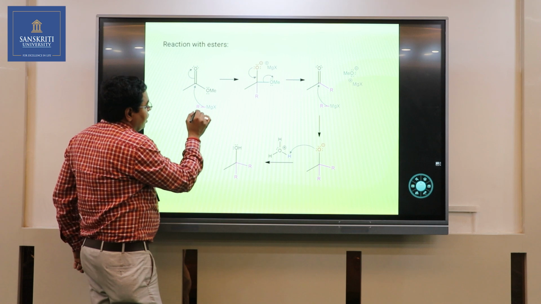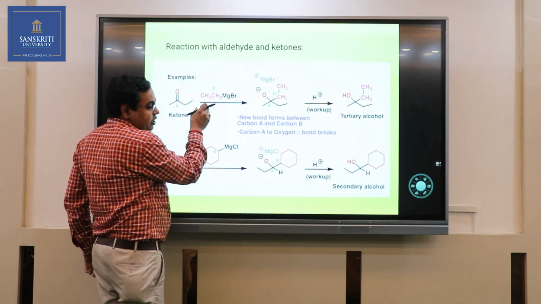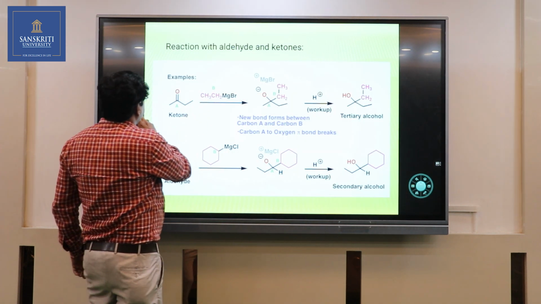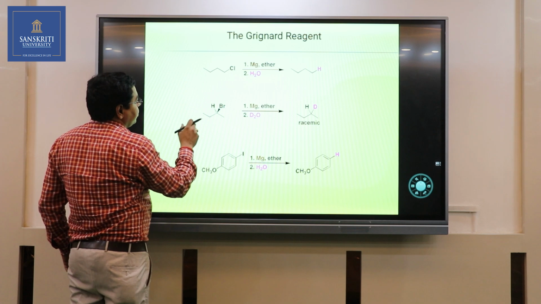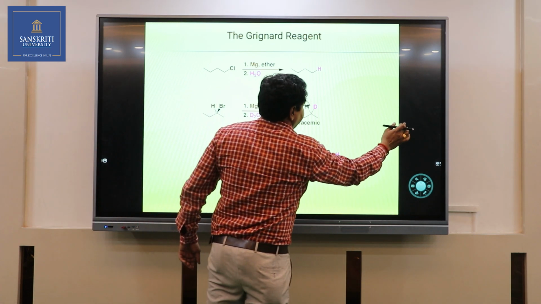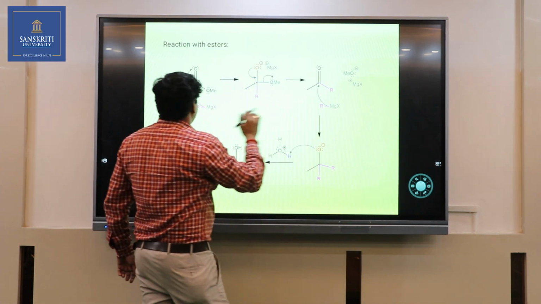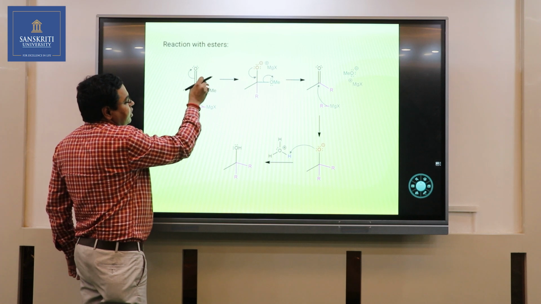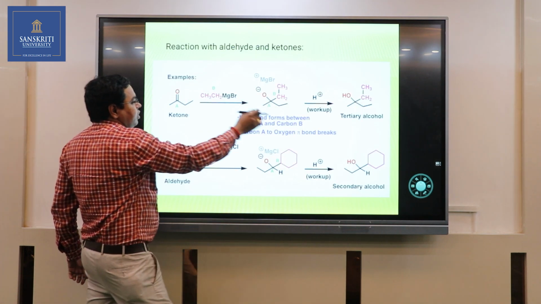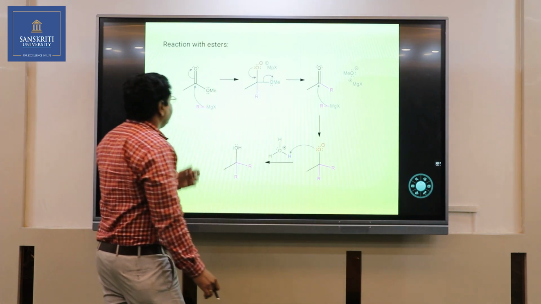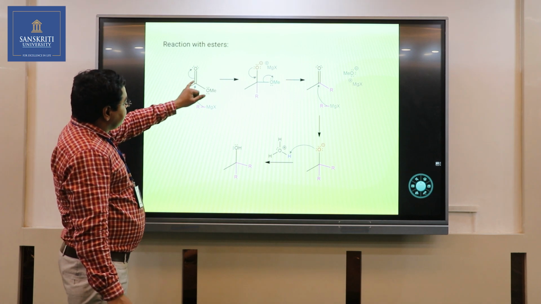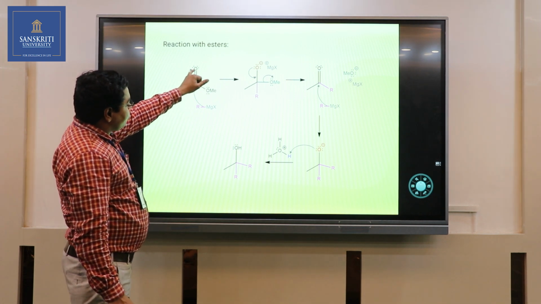R represents an alkyl group which attacks the carbon atom of the carbonyl group, and the electron pushes toward the oxygen atom.